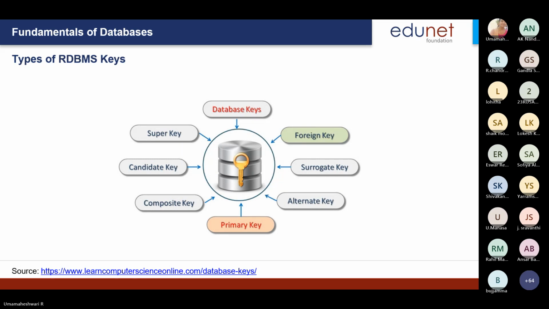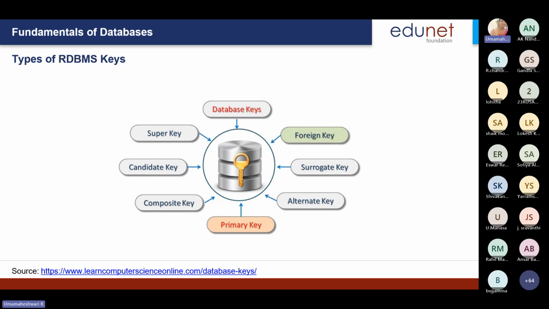The properties of the candidate key: it must contain unique values, it may have multiple attributes, and it must not contain null values, same like a primary key.